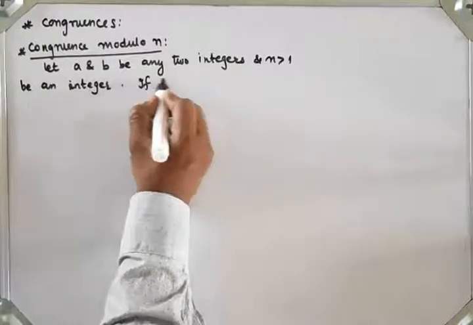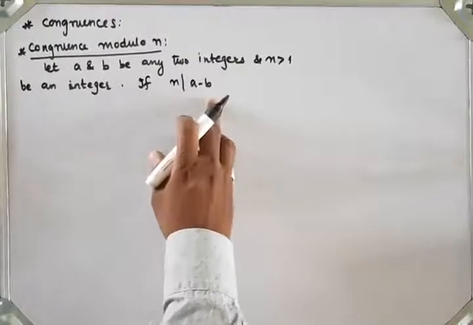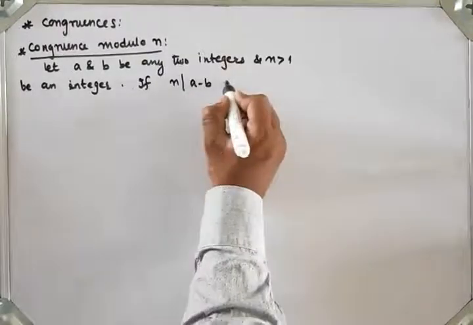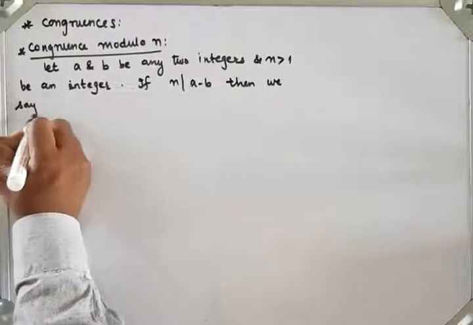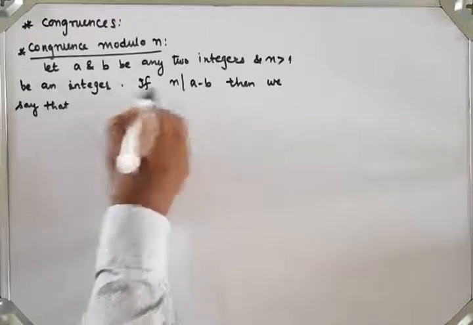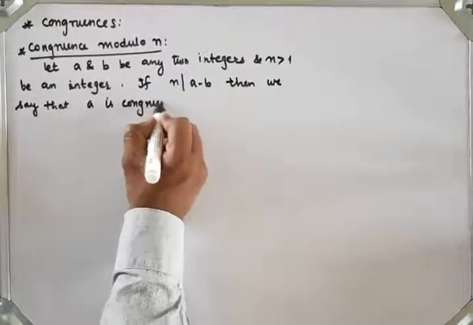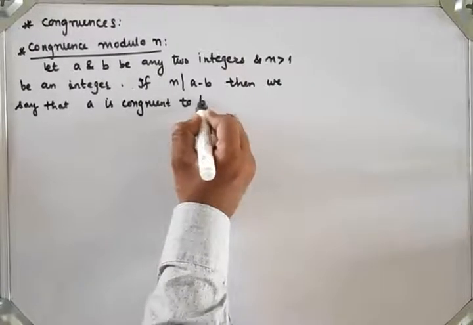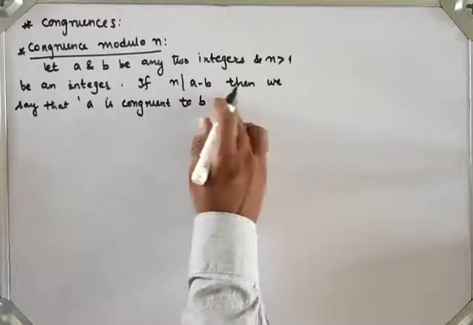If n divides the difference a minus b, then we say that a is congruent to b modulo n.